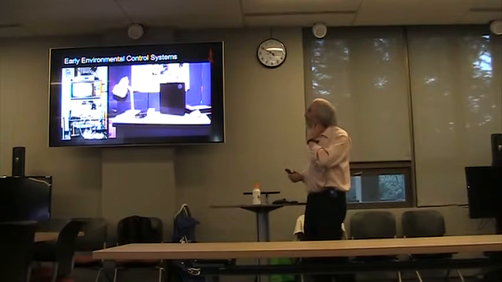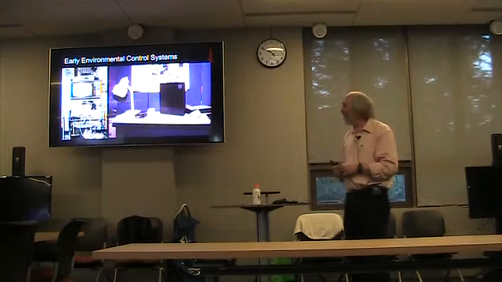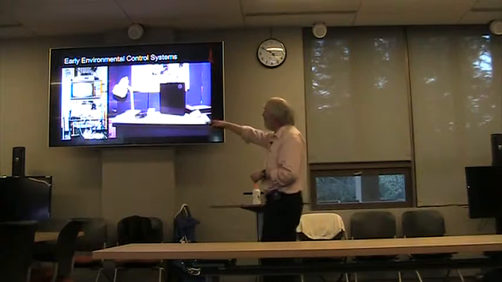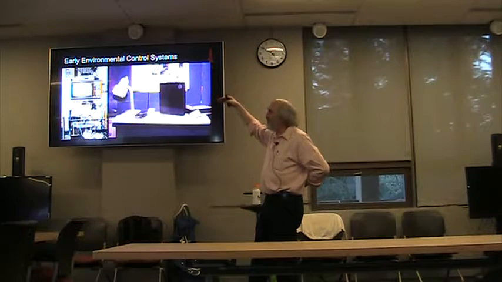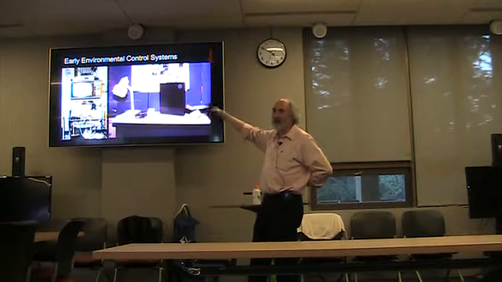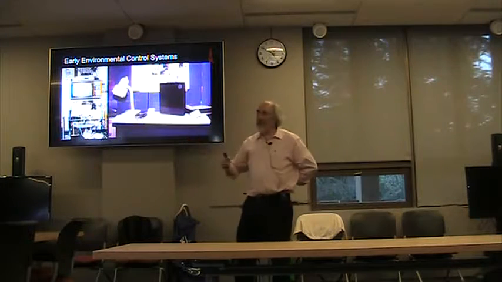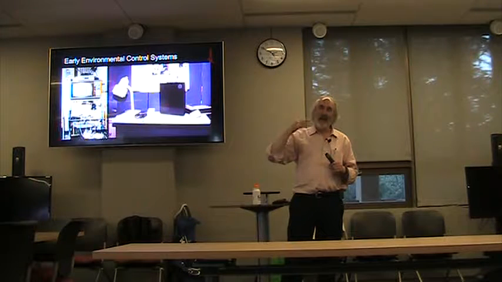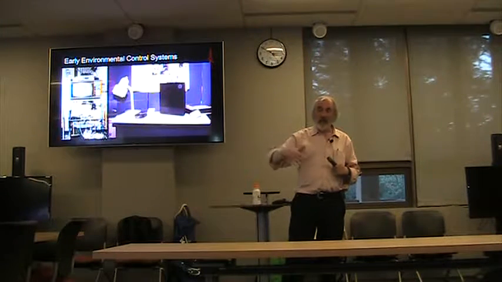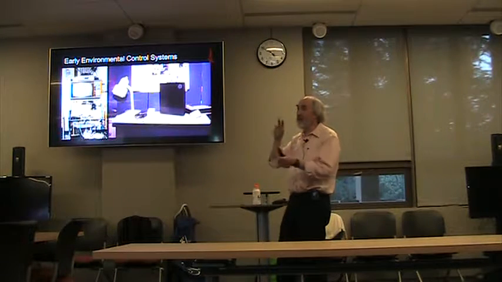So an environmental control system is a way for people to control the electronic appliances in their room. It could be a room at their home or a room in the hospital. And I knew the company that made these. So on the upper left there, you see a display of functions. And it could be like turn on the TV, call the nurse, turn on the light, turn on the fan. And you activated it by sipping and puffing into a straw, which activated switches, which activated a rotary relay, which did the selection of function, and then you blew into it to activate it.